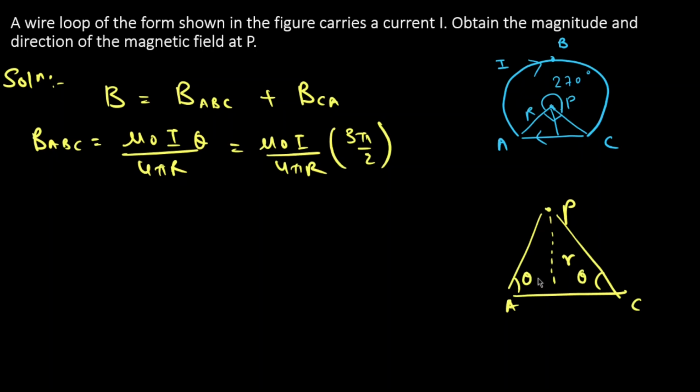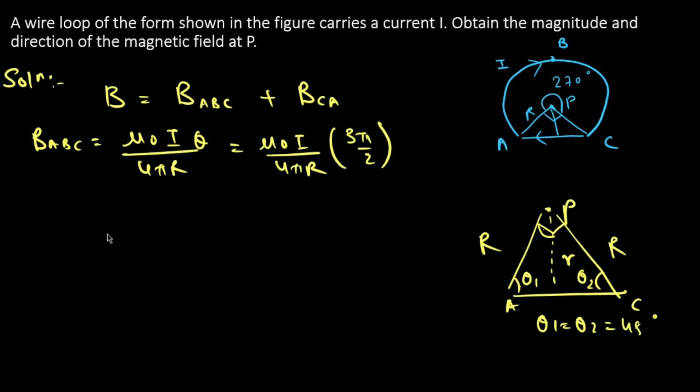So let's name this theta 1, let's name this theta 2, and the distance is r from A and C. Okay, so if this whole angle is 90 degree, this angle will be 45, and for this triangle, if this is 45, this will also be 45, since this is 90 degree and the sum of the angles is 180 degree. So similarly for this triangle, we get theta 1 is equal to theta 2, which is 45 degree.